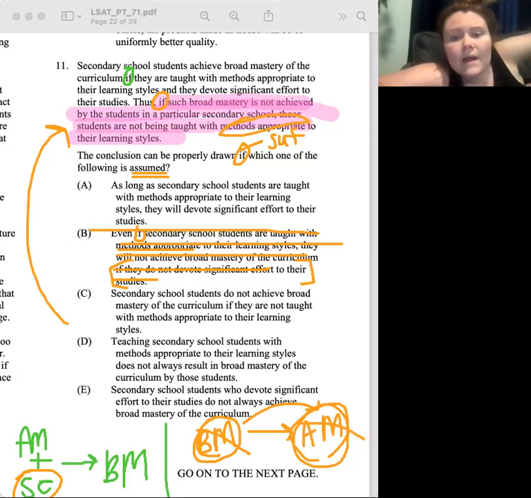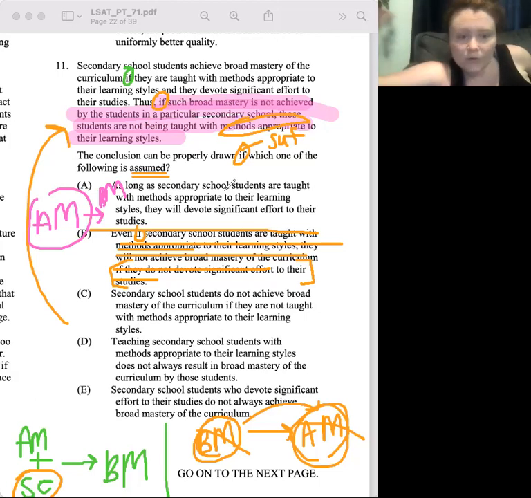What C says is, if we don't have appropriate methods, then we know for sure there's not broad mastery. But the issue here is we don't know if we have appropriate methods or not. We're trying to prove that there are not appropriate methods, right?